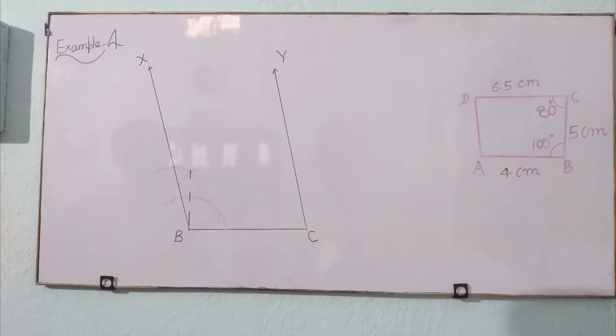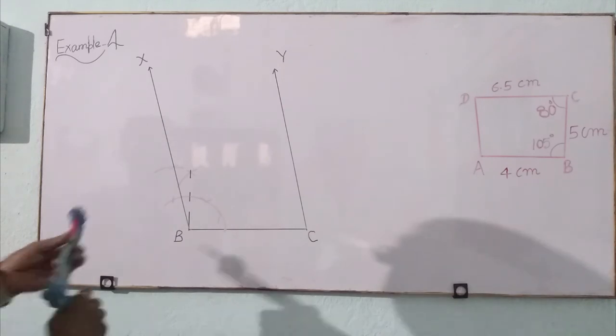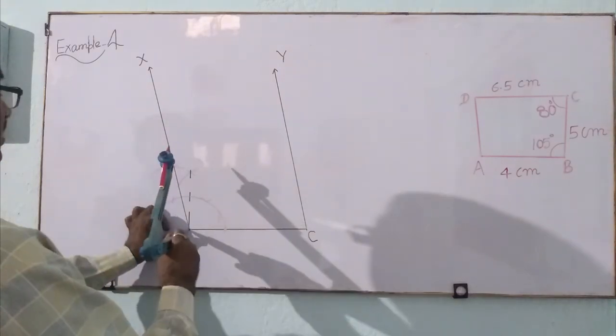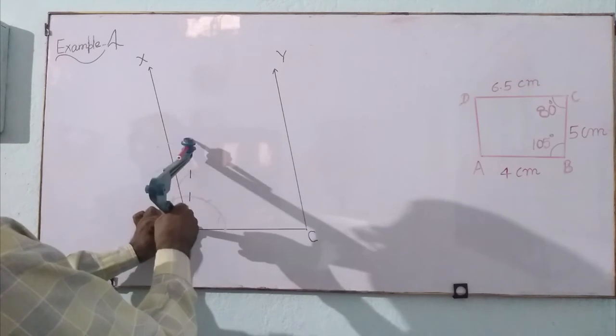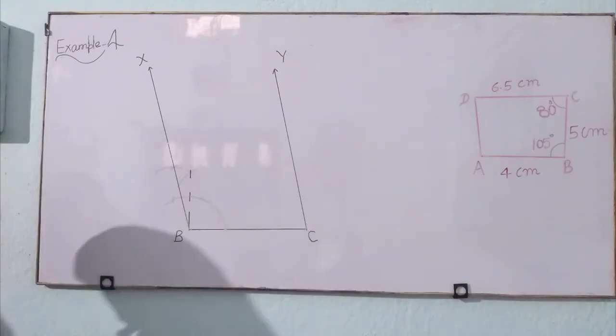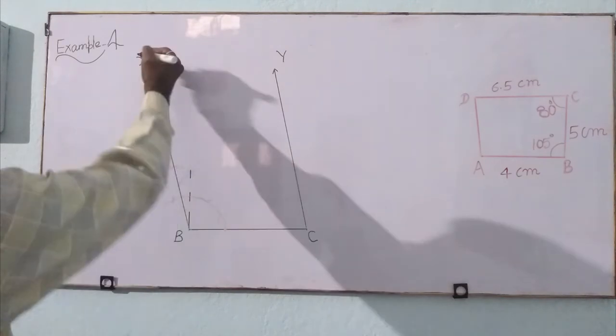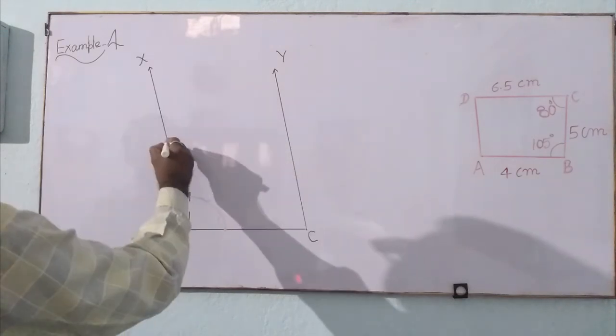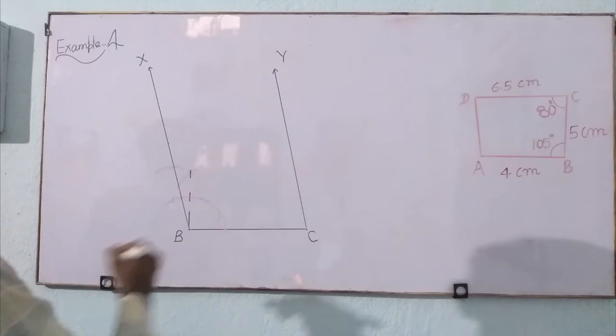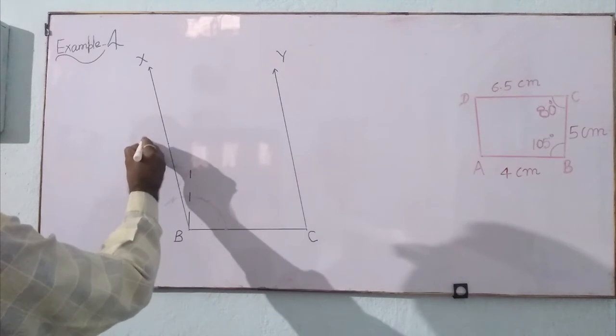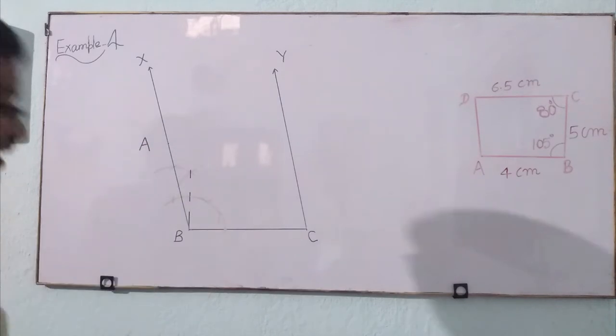Put your compass at point B and draw an arc that intersects BX at point A. Mark that point A.